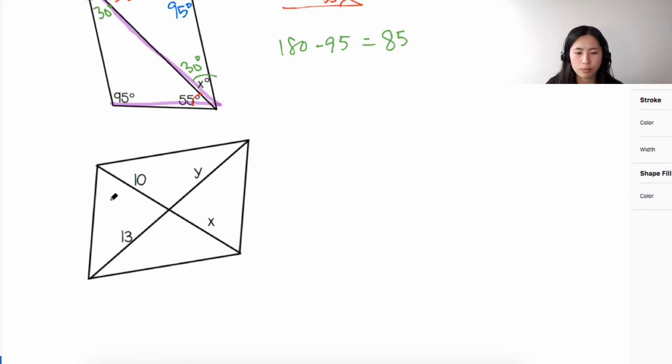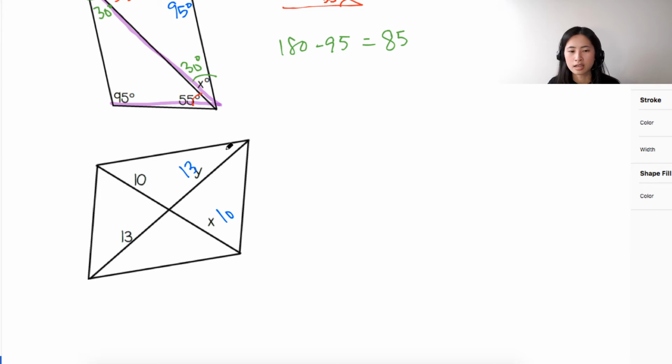So for this figure, we have a parallelogram, and we know that the diagonals of a parallelogram intersect. However, we also know that the pieces are equal to one another. Let's say this is 10, that means this has to be 10 as well, because this and this are going to be equal. And if you have this and this, they need to be equal as well, because this whole thing is equal.